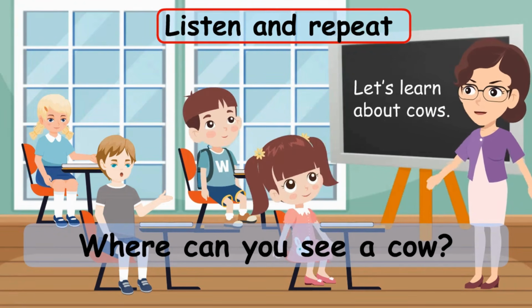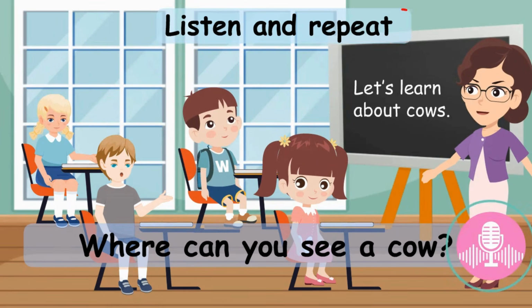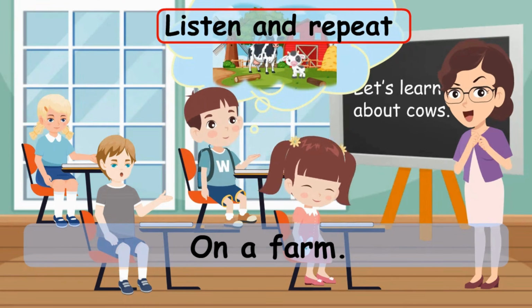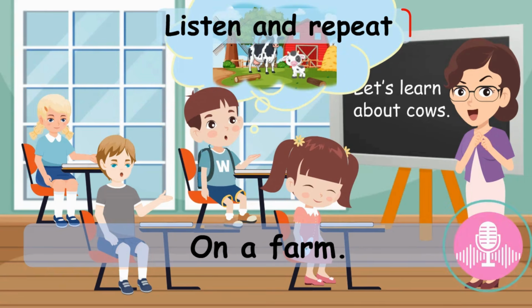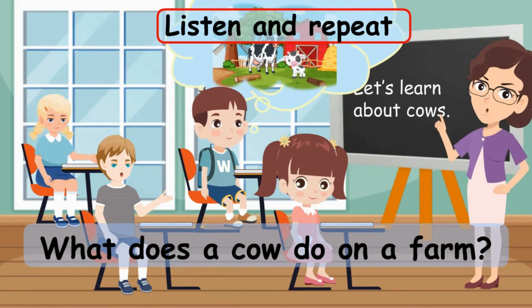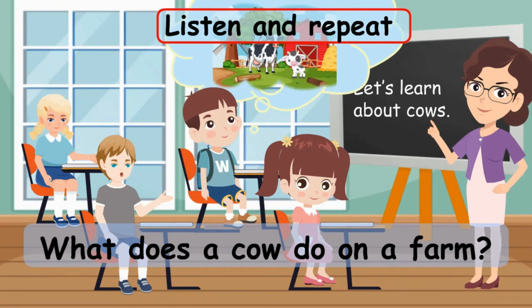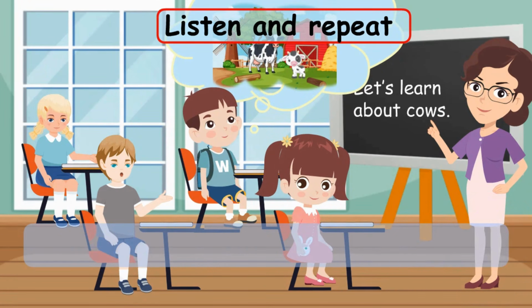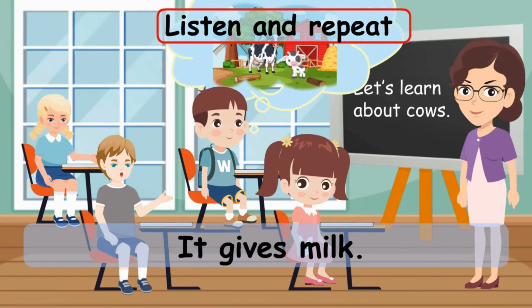Where can you see a cow? On a farm. What does a cow do on a farm? It gives milk.